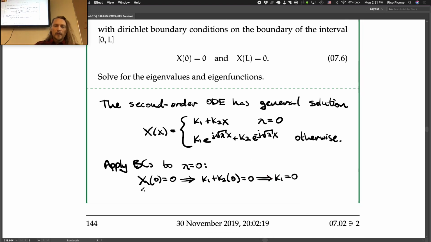And we have X of L equals 0, which, plugging into that lambda 0 solution, we have k1, which is 0, plus k2 times L equals 0, which implies k2 is 0.